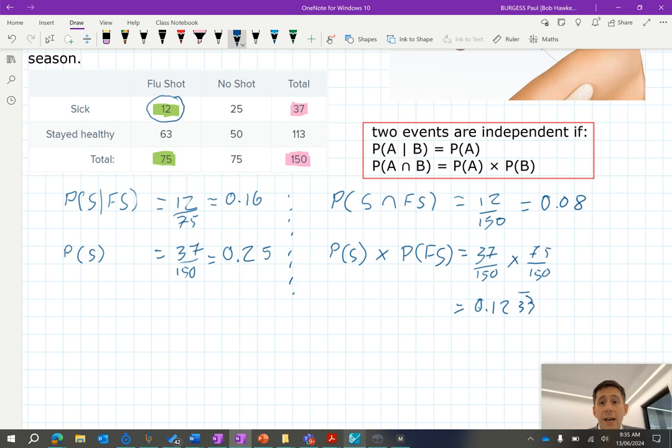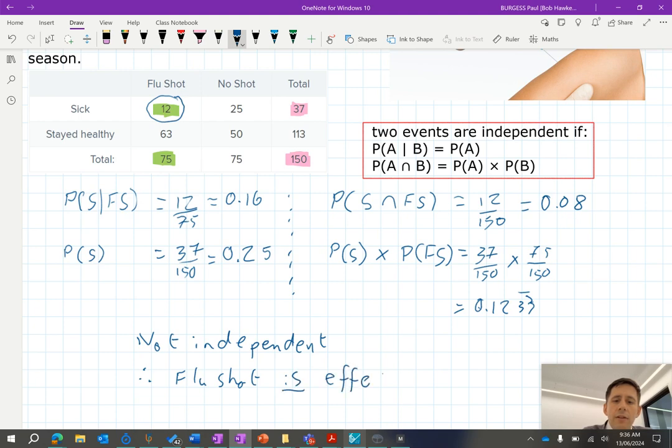But for today, that's where we're at. We'd say not independent, therefore the flu shot is effective.